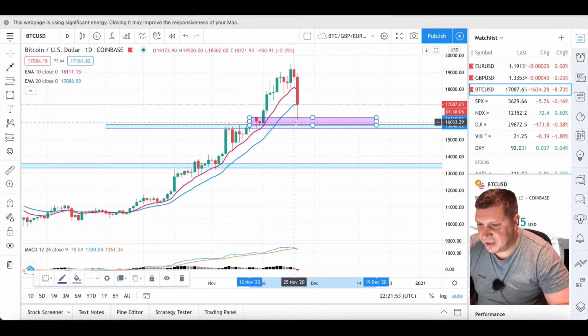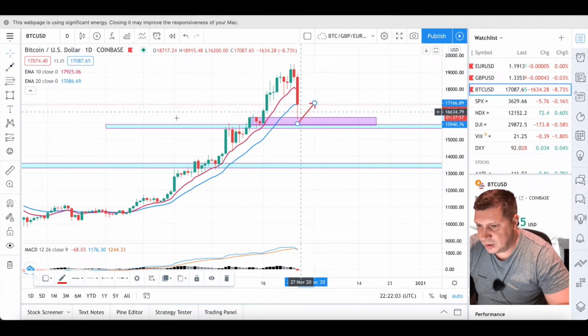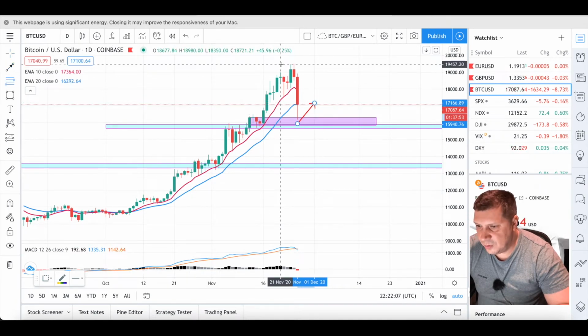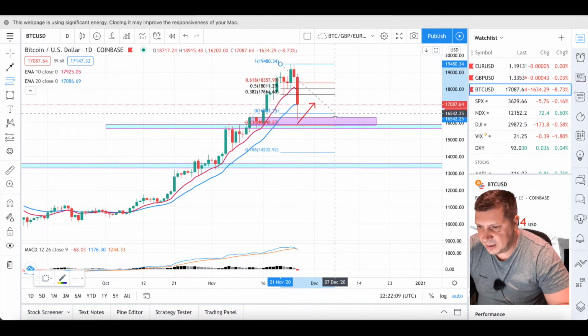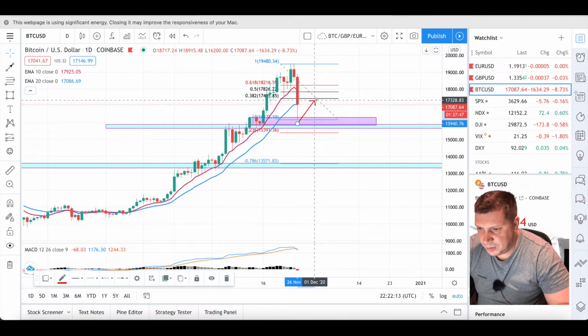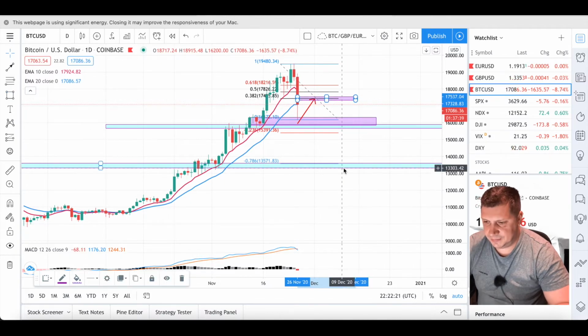So this is a very nice area because we've got to reject to at least 38% before moving down. Let's see, 38% on this leg will be right here. So this is going to be the area that we will be monitoring before we start selling.